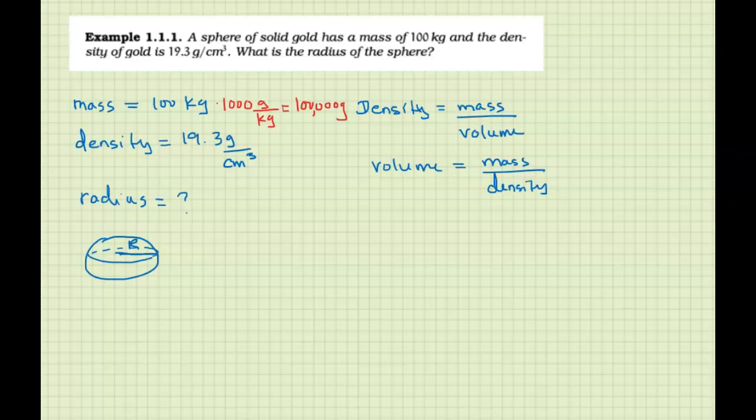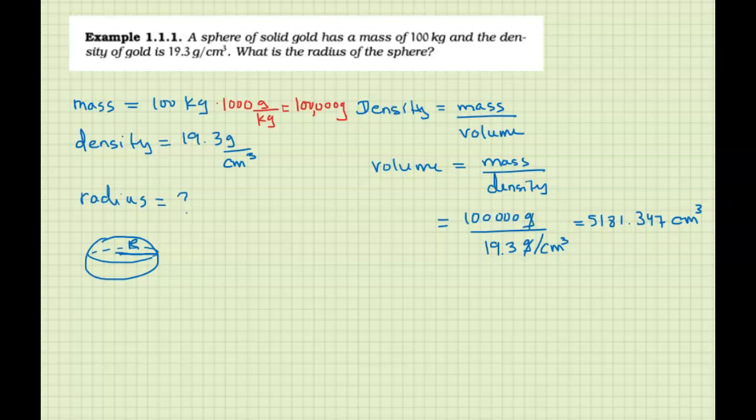You have to change the units to match. So the volume is going to be 100,000 grams divided by 19.3 grams per centimeter cubed. Let's do that division, and we have 5181.347 centimeters cubed. This is the volume.